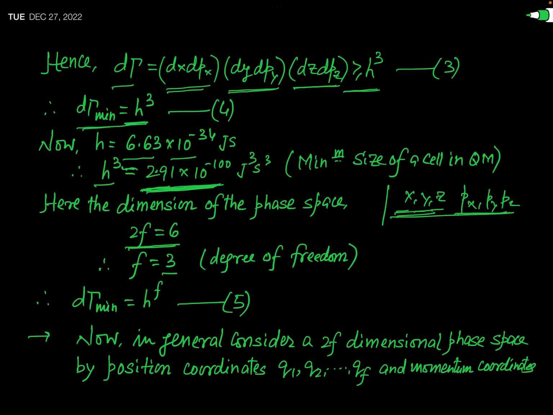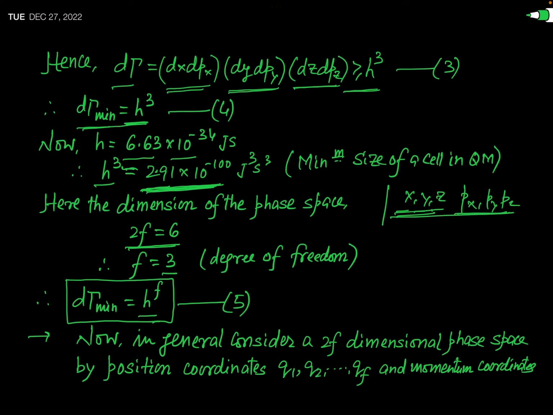So in general, the minimum volume of a phase cell, or now you can use the term quantum state, the minimum volume of a quantum state is equal to h to the power f.